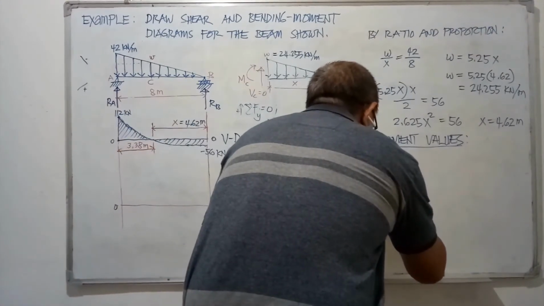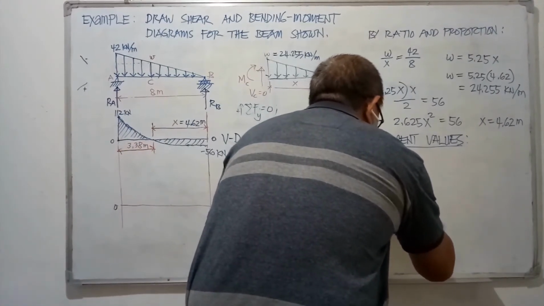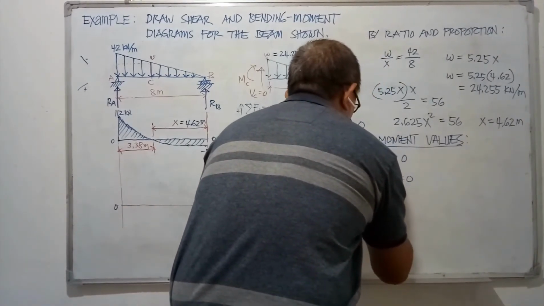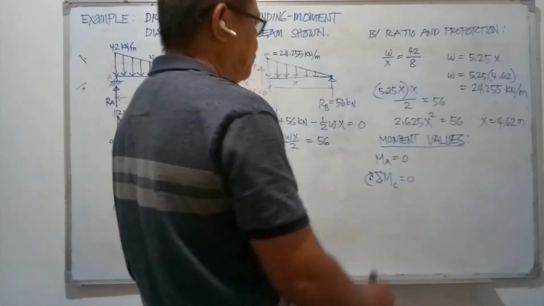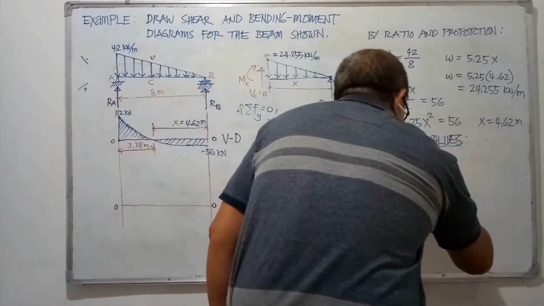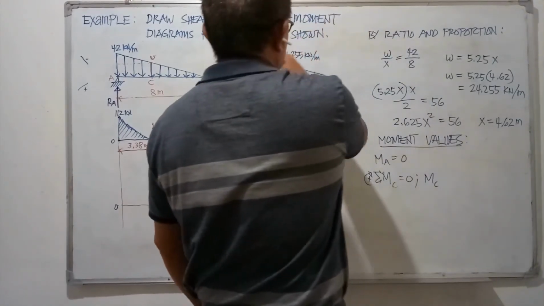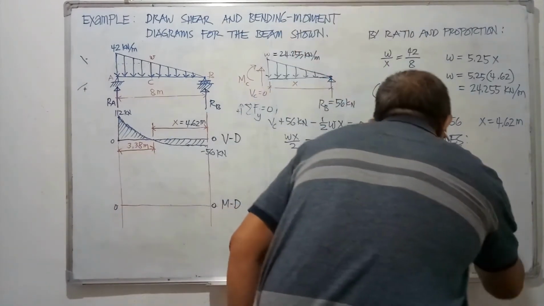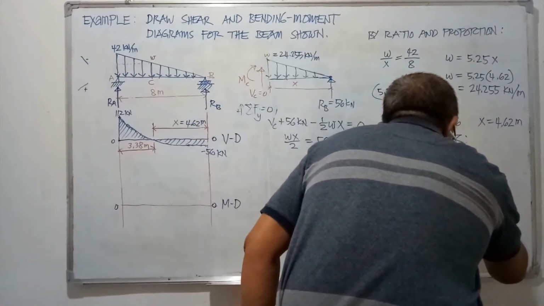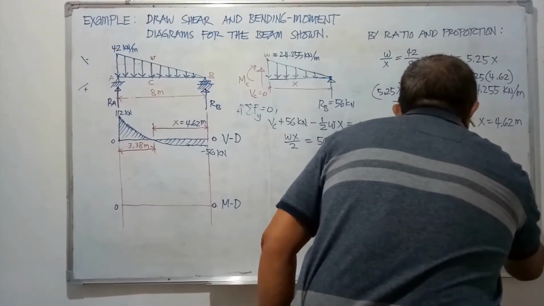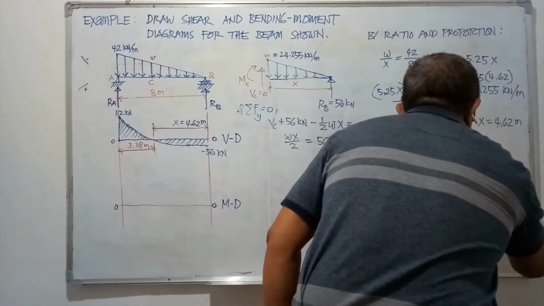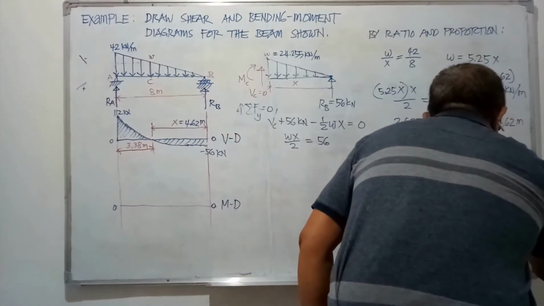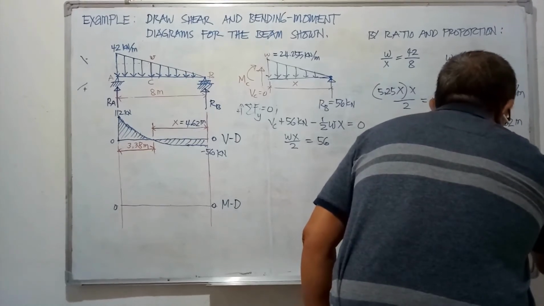by summation of moment at joint C equal to 0. We have clockwise positive M sub C minus 1/2 times 24.255 times X, 4.62.